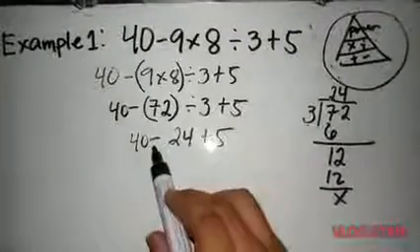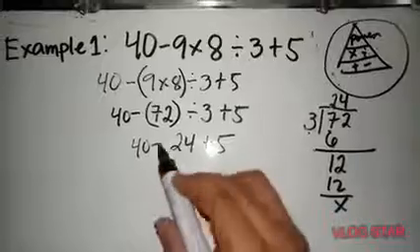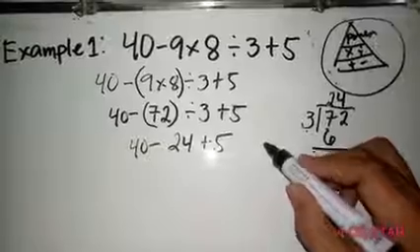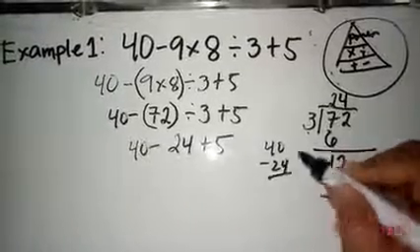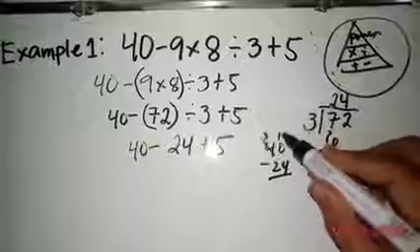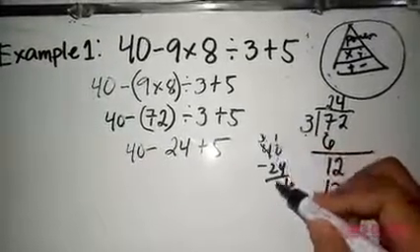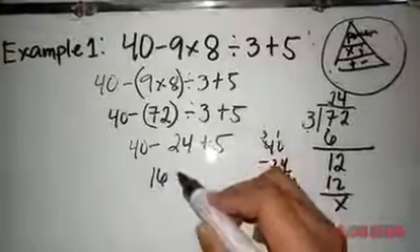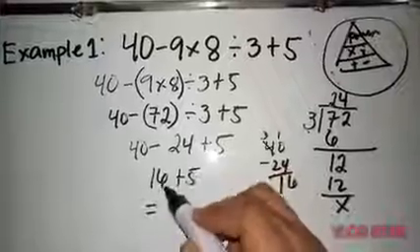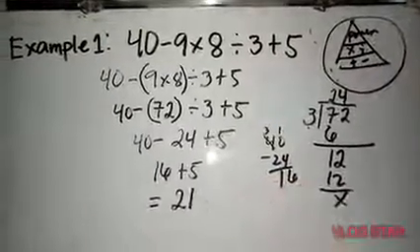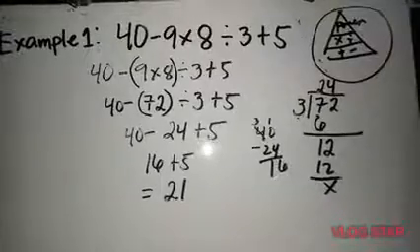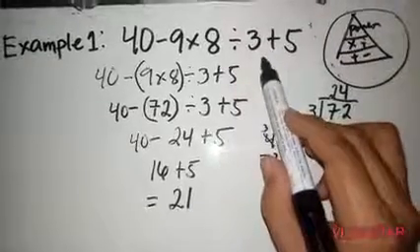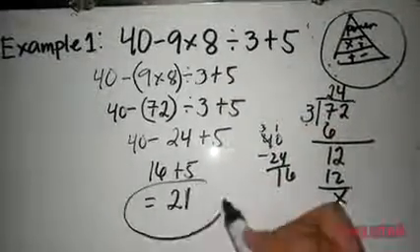And since subtraction comes first before addition, we will subtract first. 40 minus 24. 10 minus 4, 6. 3 minus 2, 1. So 40 minus 24, the answer is 16. Then plus 5. 16 plus 5, the answer is 21. So the value of the expression 40 minus 9 times 8 divided by 3 plus 5 is 21.